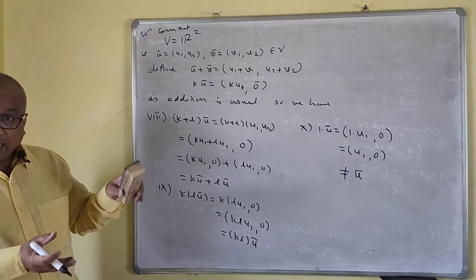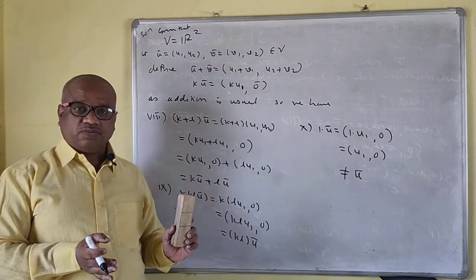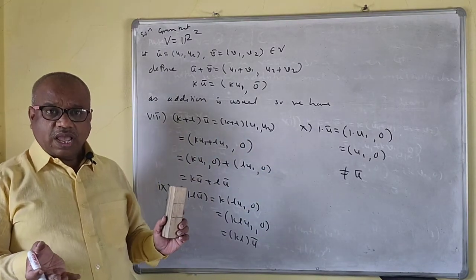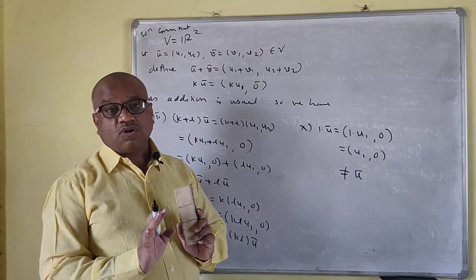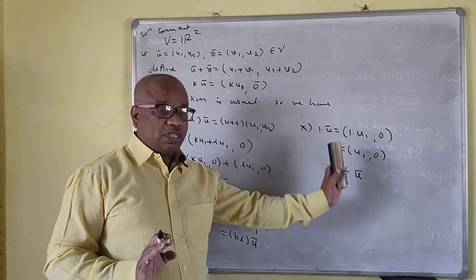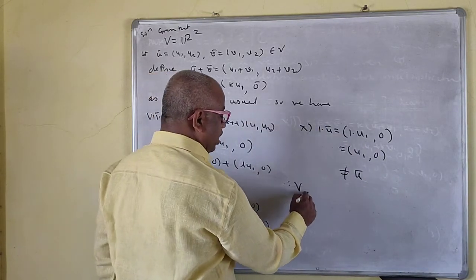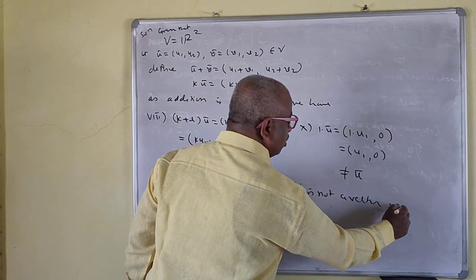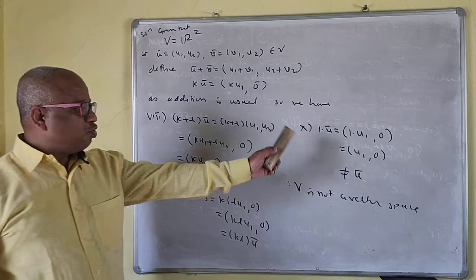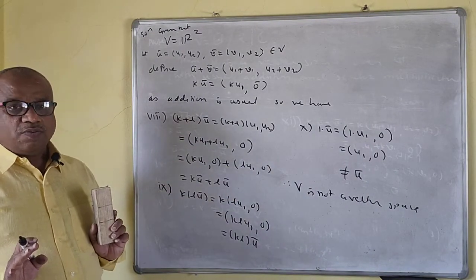So all the first 9 axioms hold here, but the last one, which is supposedly obvious, that 1 into u bar is u bar, does not hold. It is not obvious in this vector space: 1 into u bar is not the same as u bar. Therefore V is not a vector space.